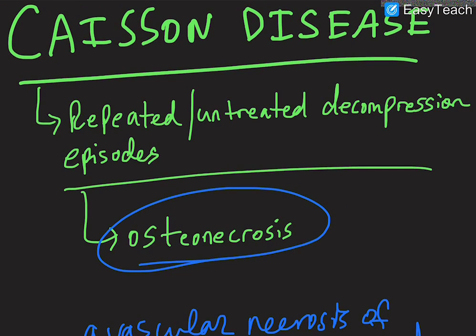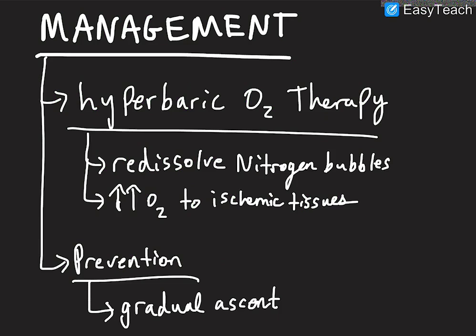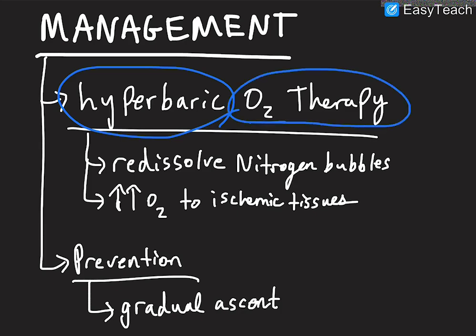So now that we talked about the three main types, let's talk about how to manage or treat this. The problem was a sudden decrease in pressure, so you'd want to increase pressure again. You'd want the patient in a hyperbaric environment, an increased pressure environment. And of course, because ischemia is in the talks, you'd also want oxygen therapy.